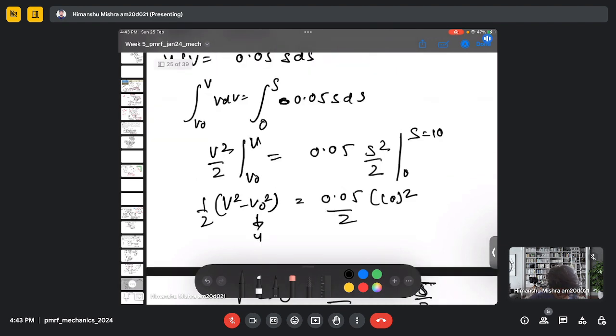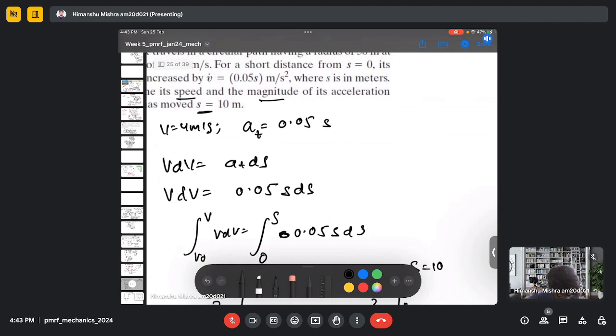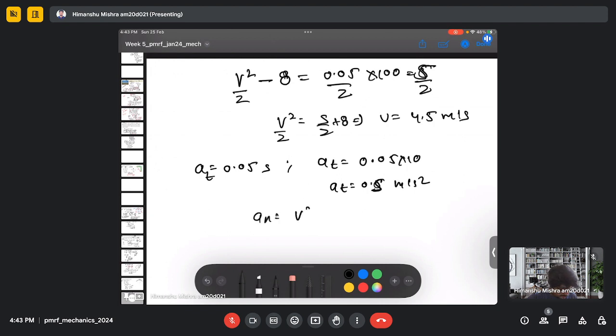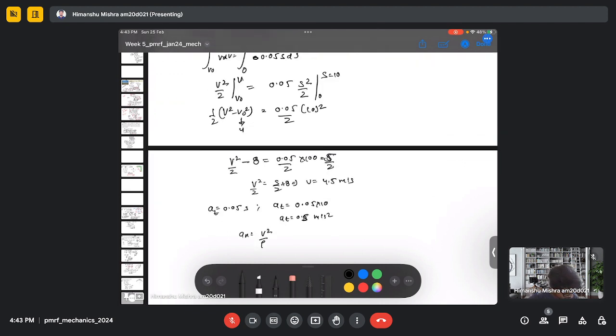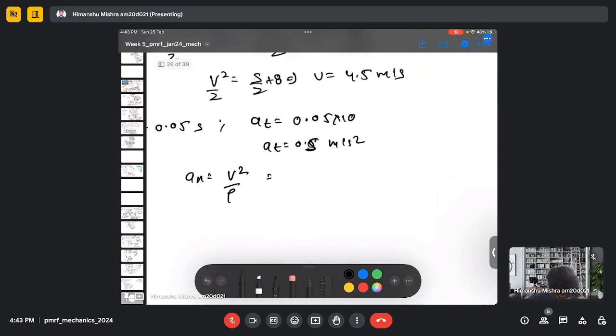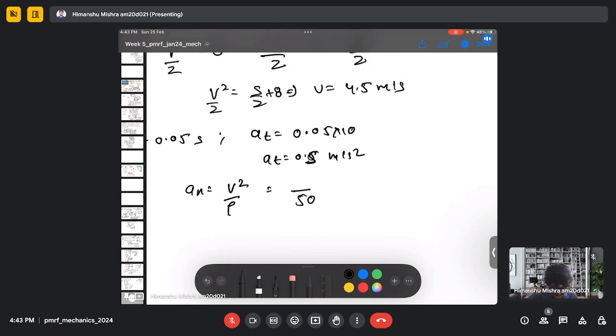Now the acceleration in the tangential direction is a t equals 0.05 s. So my tangential acceleration will be 0.05 multiplied by 10. So a t will be 0.5 meter per second square. And the normal component is given by v squared by rho. We have given the rho, which is 50 meter, and v squared is this, we already calculated the v.